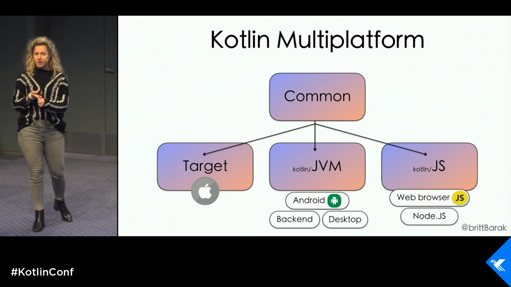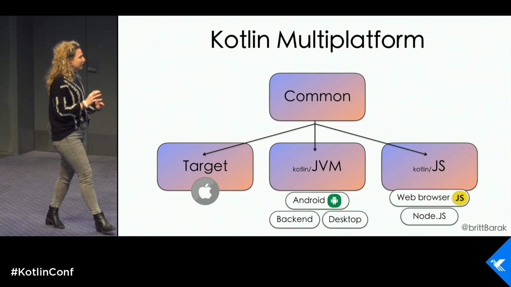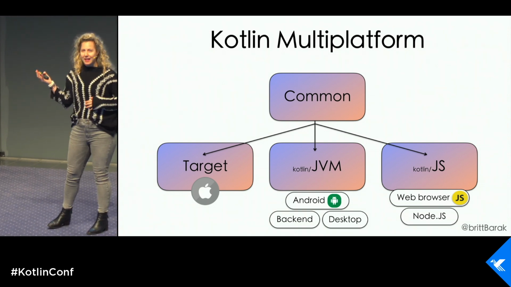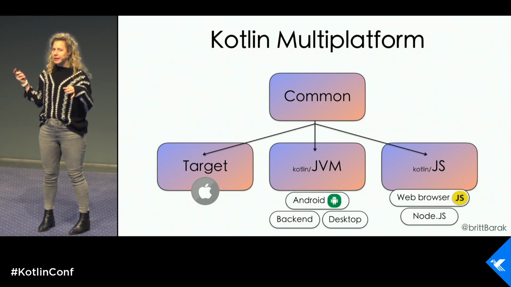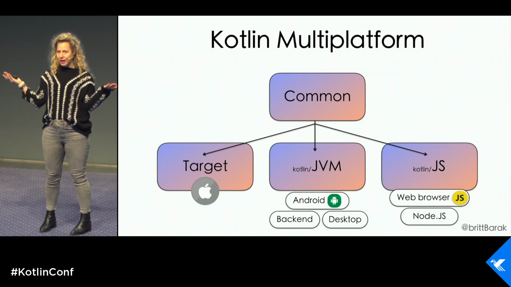So we're kind of the same. And the last one, the last target or the last flavor here is iOS. It is, once again, very common to think about Kotlin Multiplatform, where we do Android and iOS.